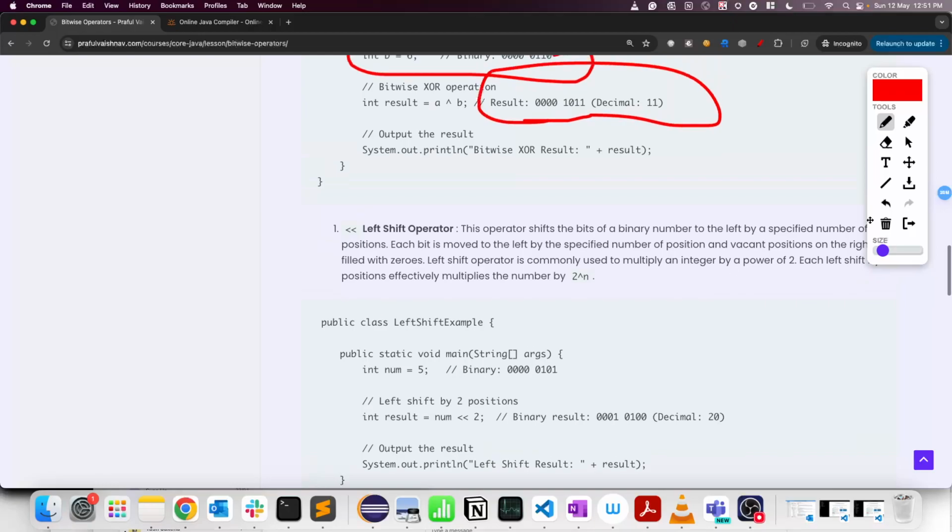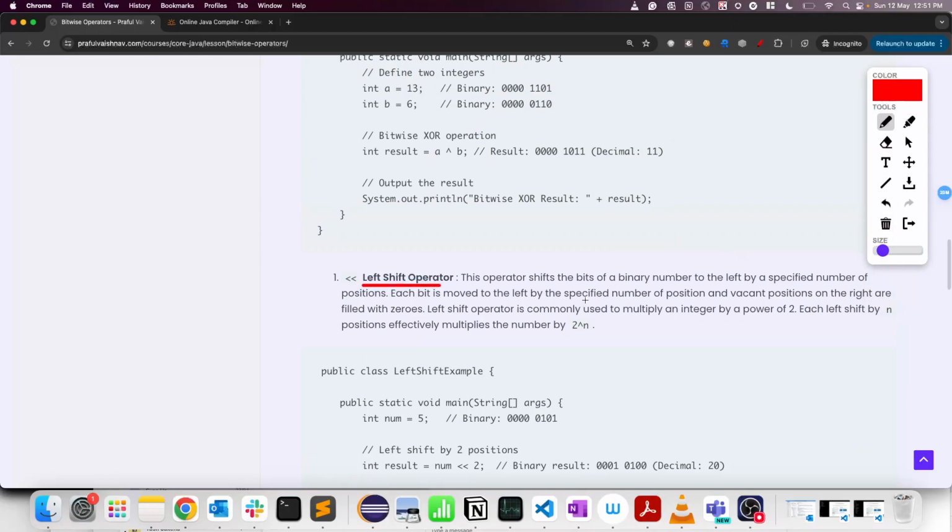Now there is another operator called the left shift operator. With the name, what does it do? It shifts the bits to the left by a specified number of positions. What do you mean by left shift?